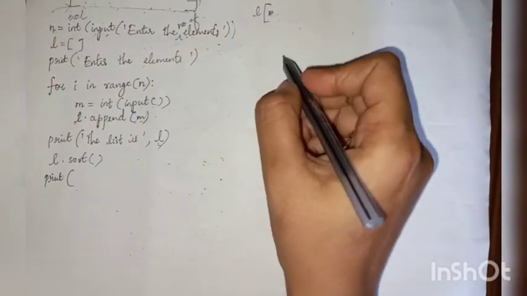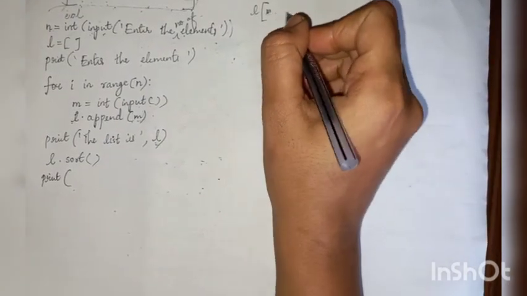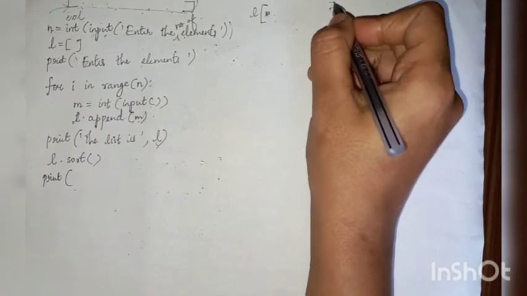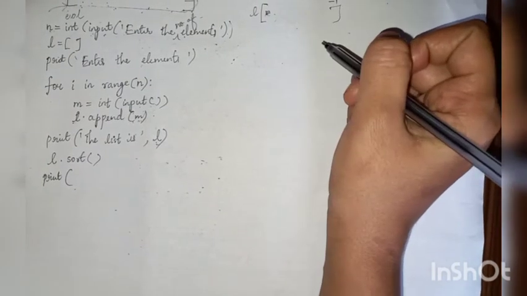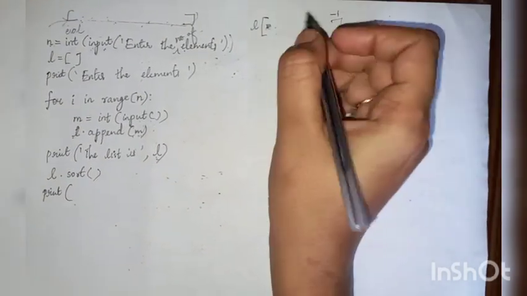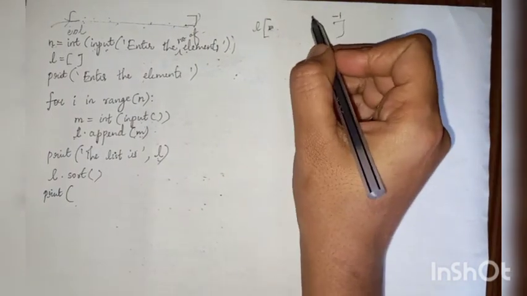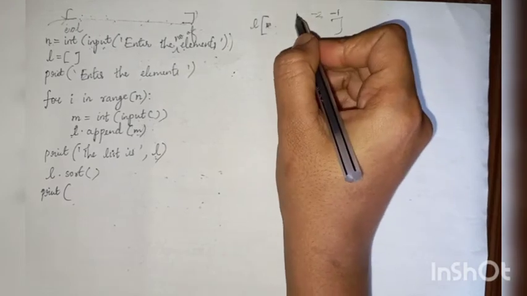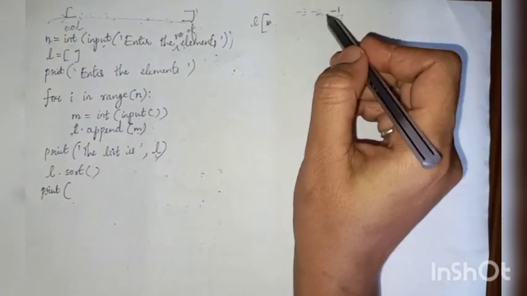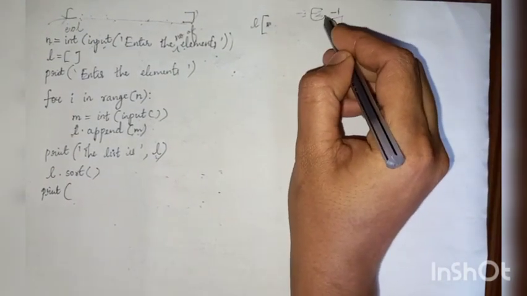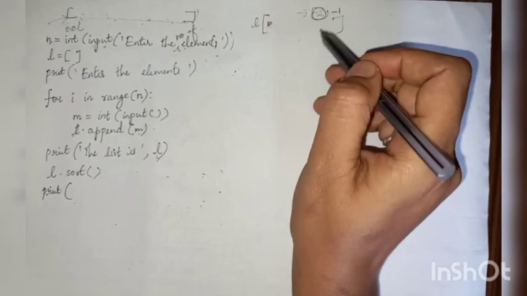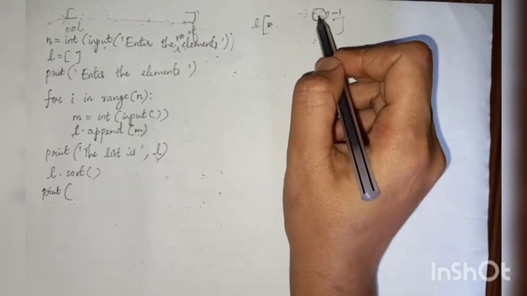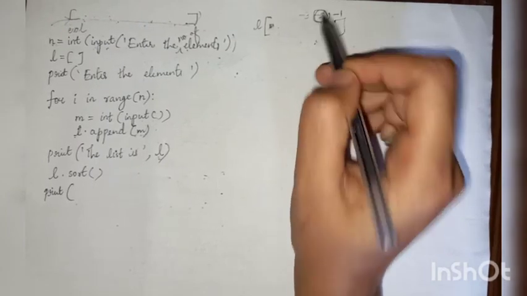So second largest element means, in a sorted list, the largest element will be at index -1, and the second largest element will be at index -2, third largest at -3. So we can easily find the element at index position -2, which is the second largest element.